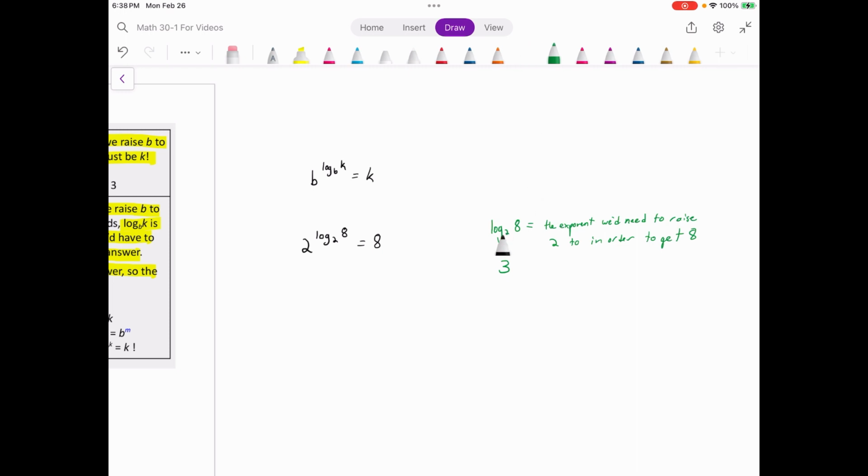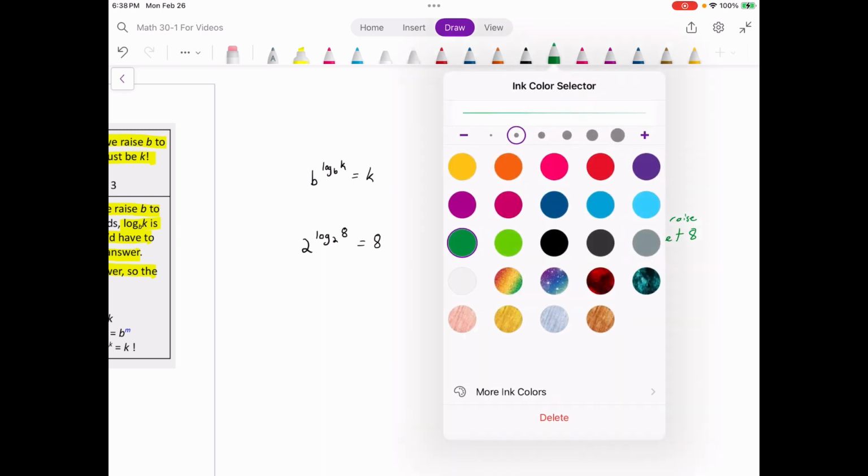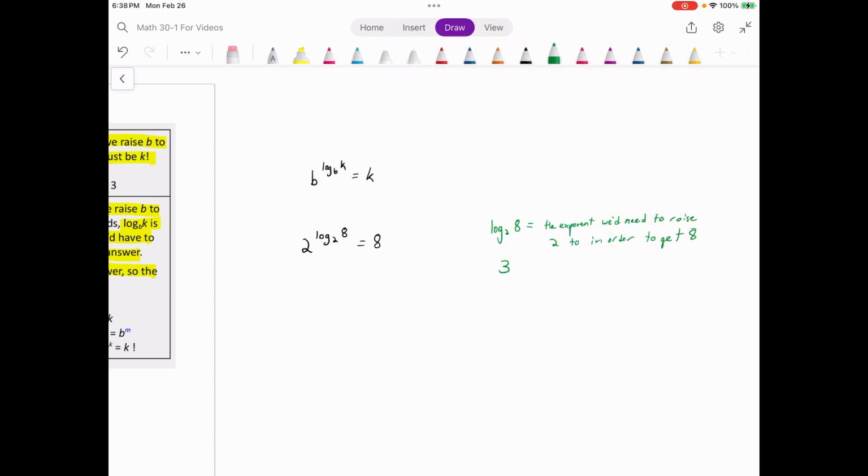But what I'm getting at here is that's kind of the definition of log base 2 of 8. It's the exponent we'd have to raise 2 to in order to get an answer of 8. So think about that. 2 is being raised to the exponent we need to raise 2 to in order to get an answer of 8. We are raising 2 to the power of log base 2 of 8.